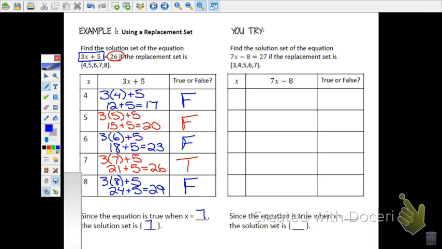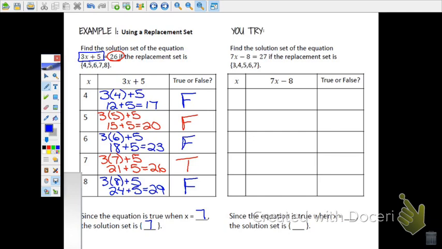Because again, the solution set is what makes that equation true. So when we're asked to use a replacement set, we need to go through the work for each one of the options. Even if you were able to identify that solution set, okay, need to fill in the whole chart.